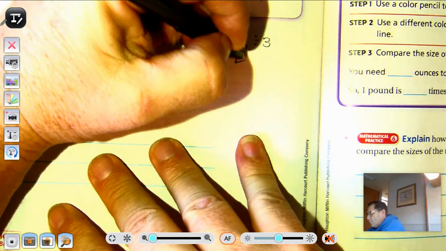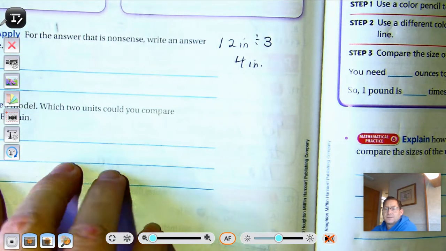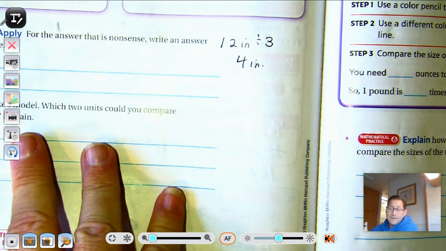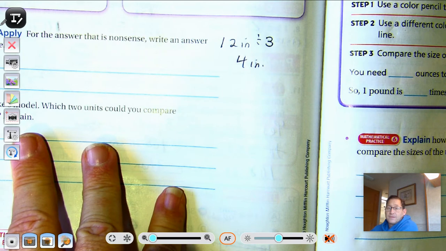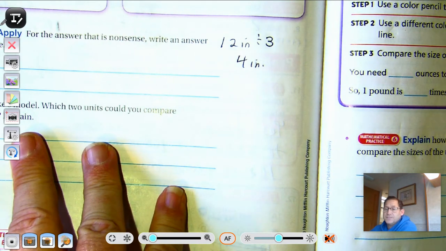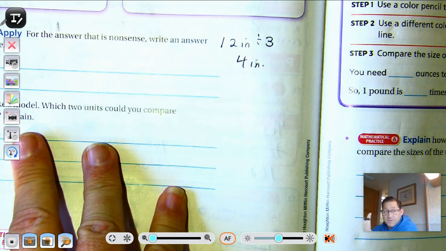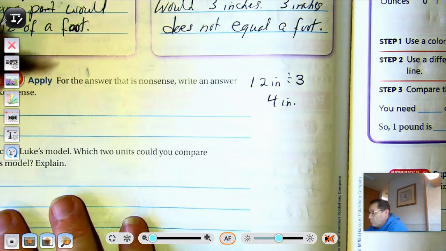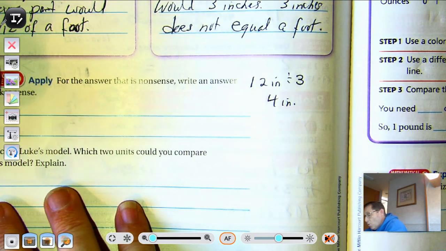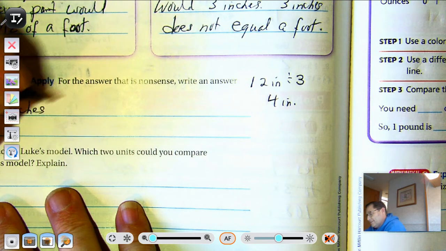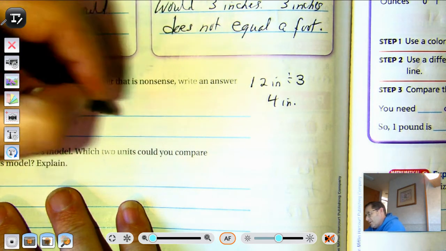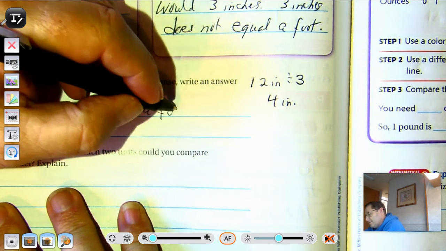Well, that would be 4 inches. 4, 8, 12. Okay, now that makes a little more sense, right? It would take me 3 sets of 4 inches to equal 12 inches or a foot. So we can say that 4 inches is 1/3 of a foot.